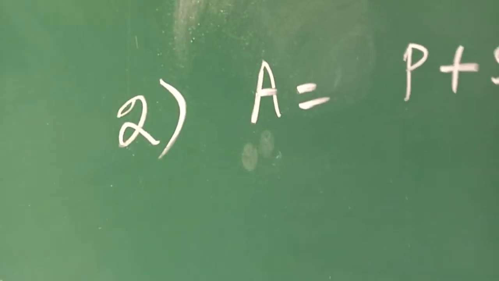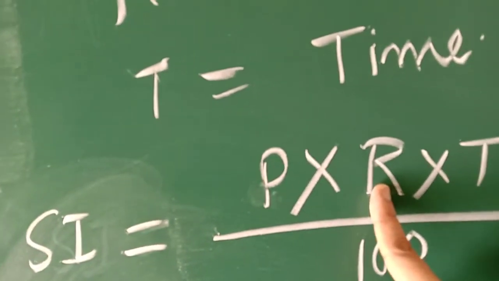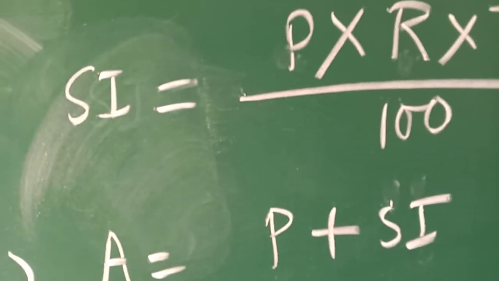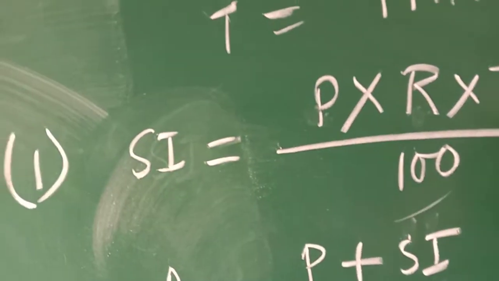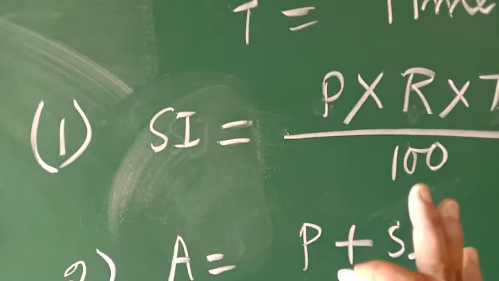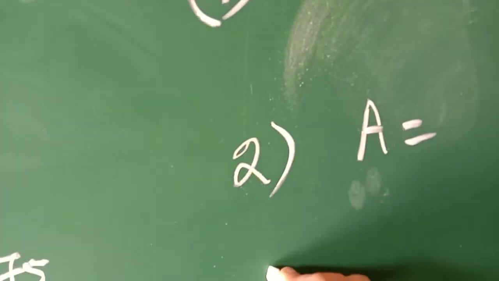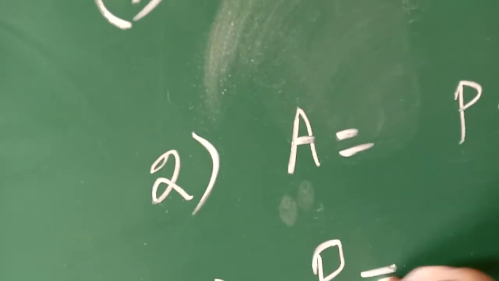Now next question is, if principal is missing, if rate is missing, if time is missing, then what to do? This will derive from this formula only. Slowly you will understand that, but now I will not explain how the formulas are coming. Now if principal is missing, you have to find the principal, what was the amount you have deposited.